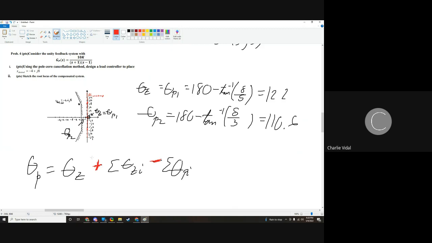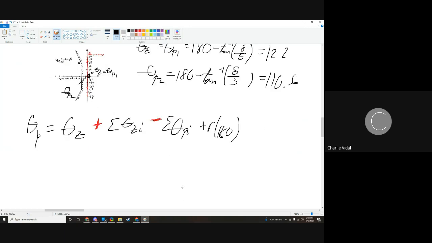Normally it would be negative over here and positive over here, but now it's the reverse. And then the final thing, which is plus r times 180.